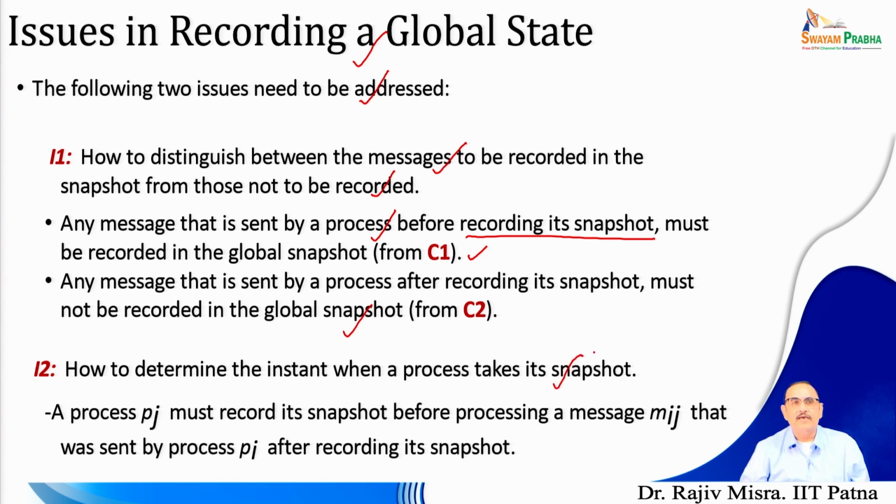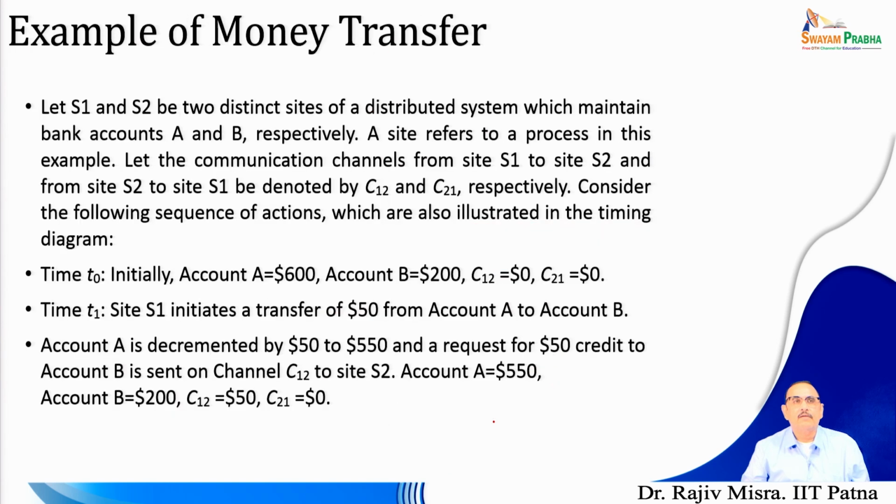A process Pj must record its snapshot before processing a message mij that was sent by a process i after recording its snapshot. So, let us see the example of a money transfer. Let S1 and S2 be two distinct sites of a distributed system which maintains bank accounts A and B respectively.